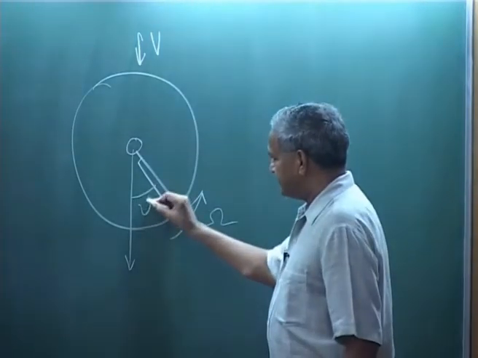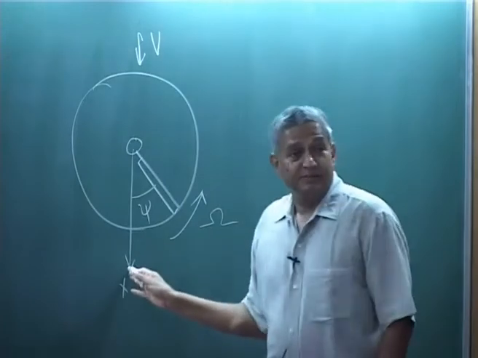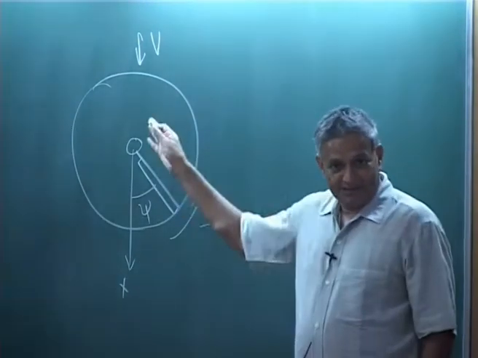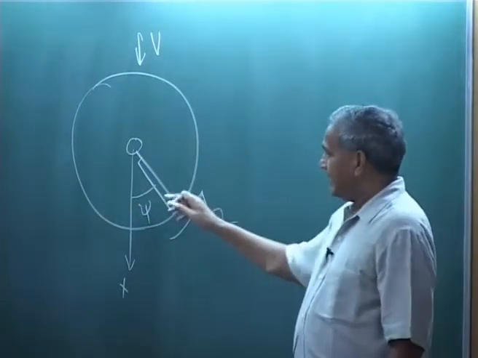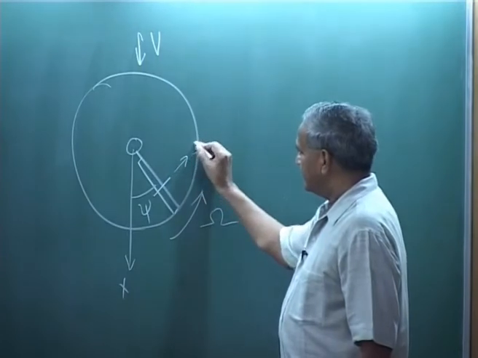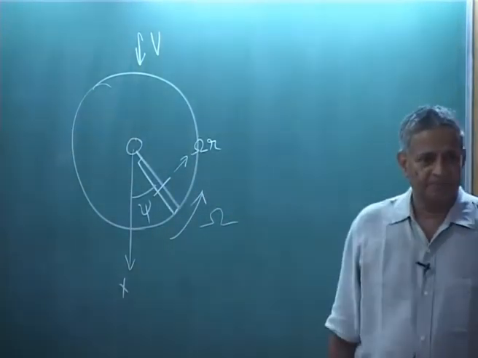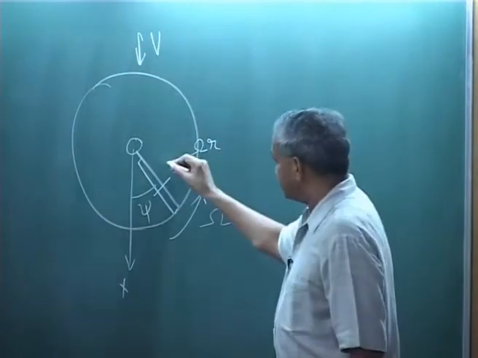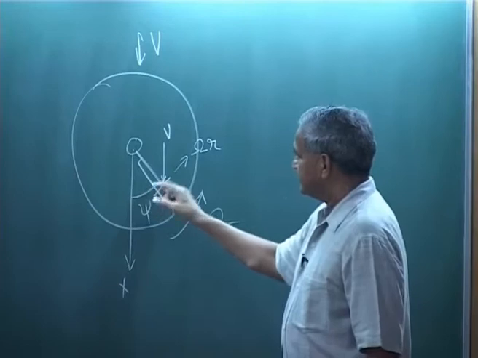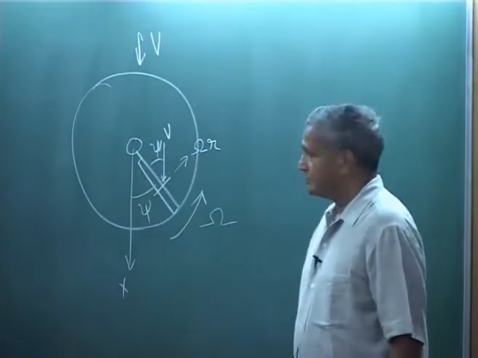Now, this angle is psi, always measured from the rear of the disc, this is the standard, and at any section you will have omega r, the rotational speed, but this velocity is here, this is psi, this is also psi.